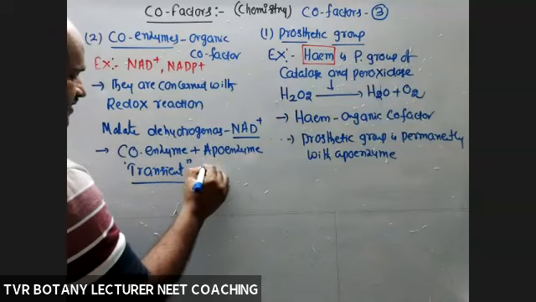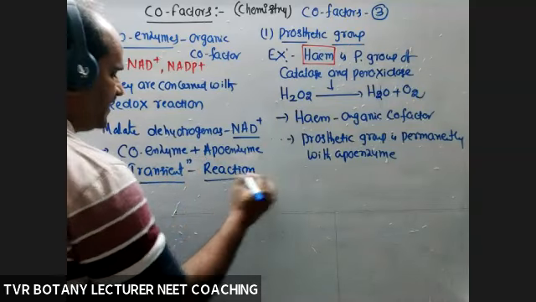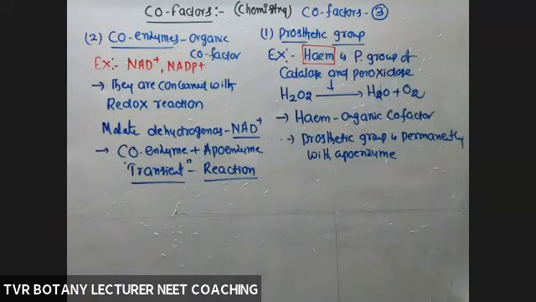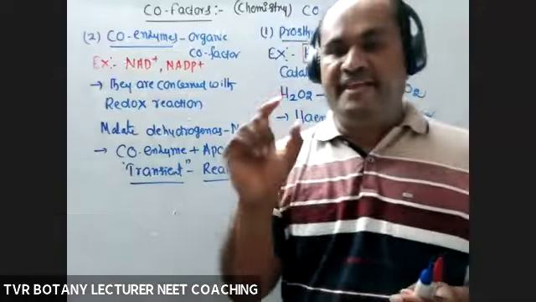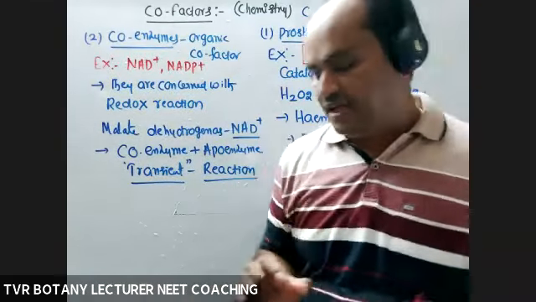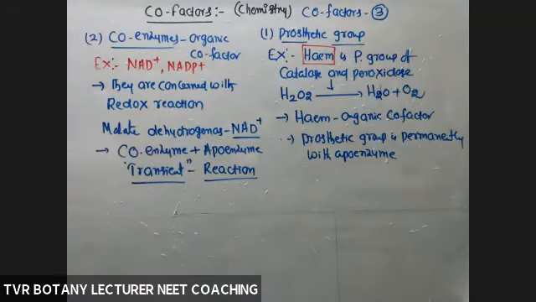Only during the reaction, at the time of reaction only. Once the reaction is completed, they dissociate from each other. So coenzymes make association with the apoenzyme part at the time of reaction only. After completion of the reaction, they move from that area to other areas where they are required.